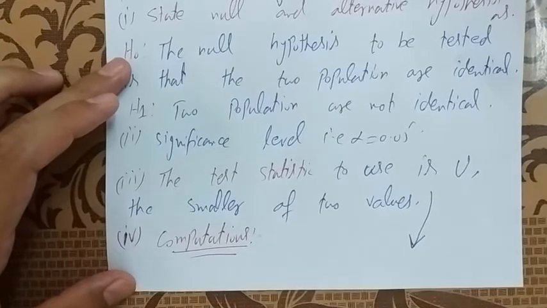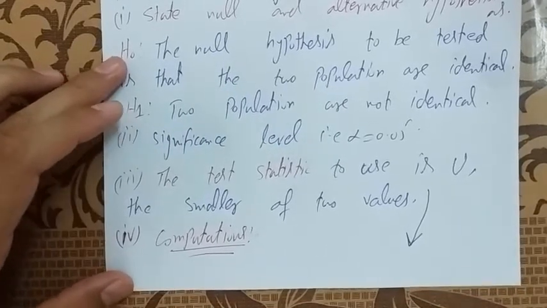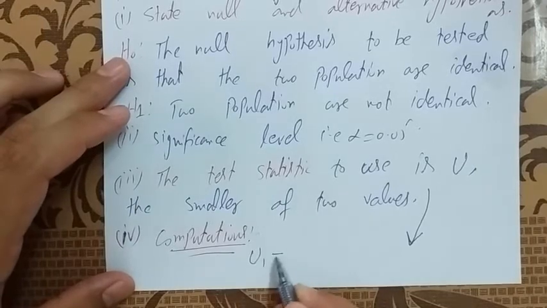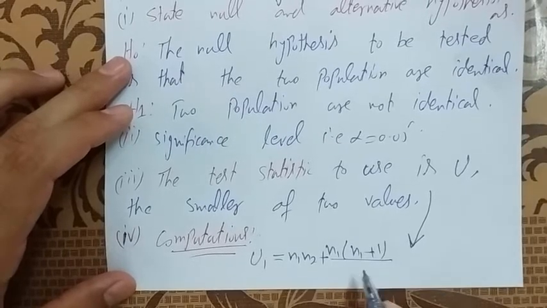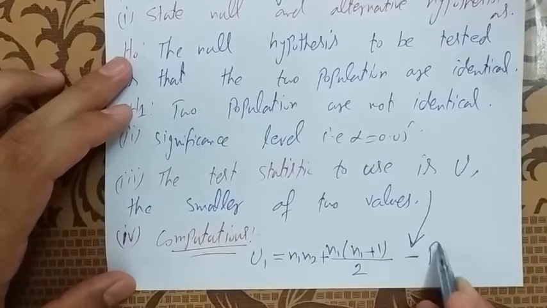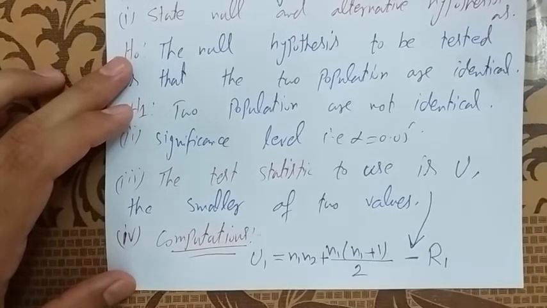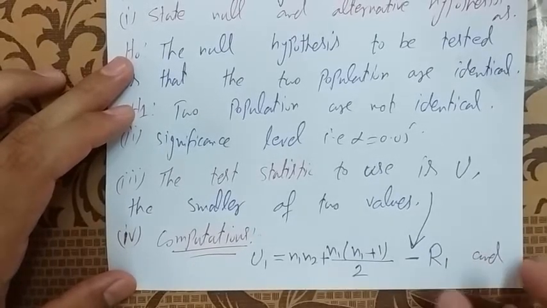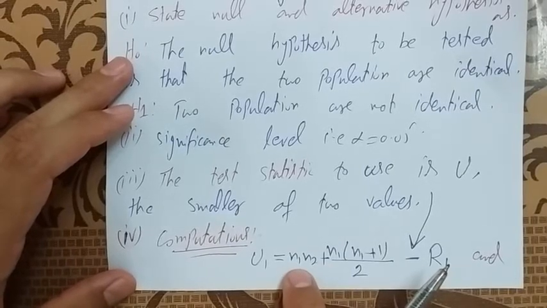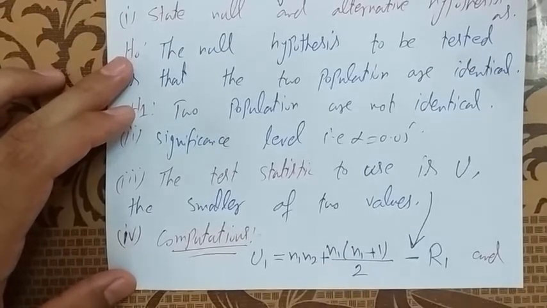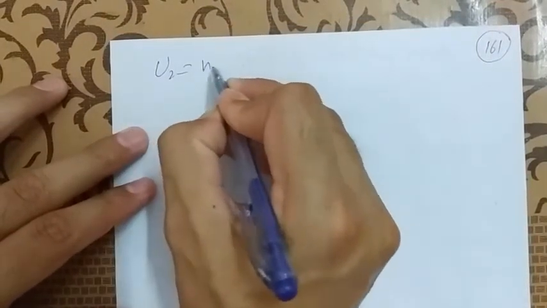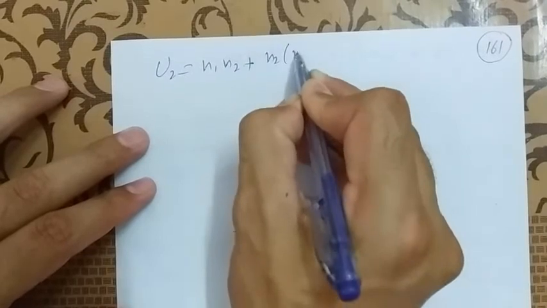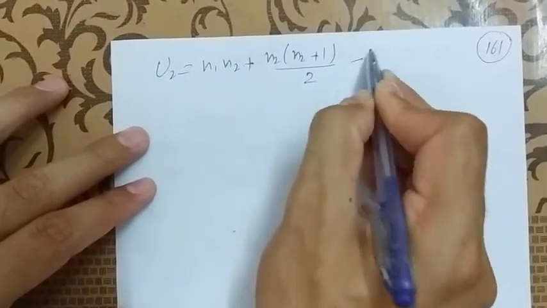U1 equals N1 N2 plus N1 into N1 plus 1 over 2 minus R1. N1 is the sample size 1 and N2 is the sample size 2. And U2 equals N1 N2 plus N2 into N2 plus 1 over 2 minus R2.